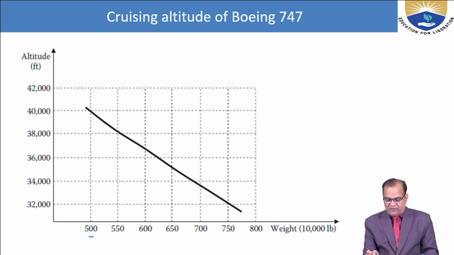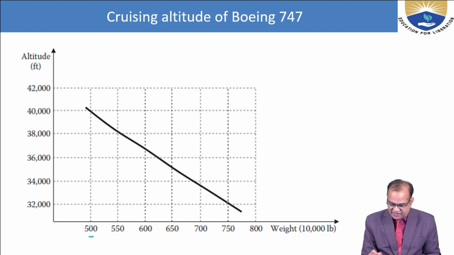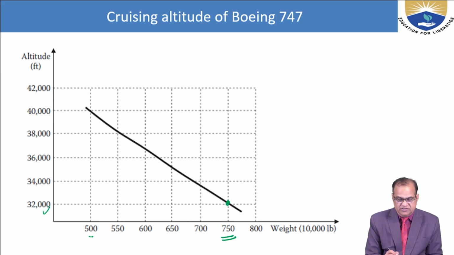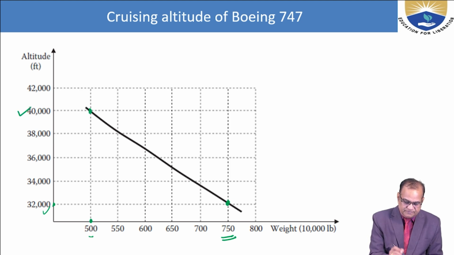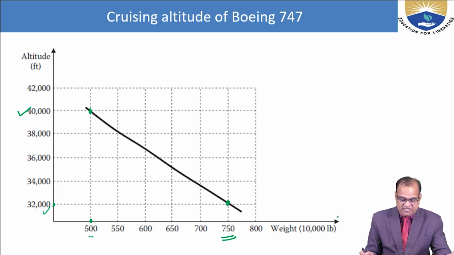If you have more weight, assume 750,000 pounds, your altitude will be only this much. You can fly at a lower altitude. But if you have less weight, 500, you can fly up to this altitude. So this is the weight and altitude effect.